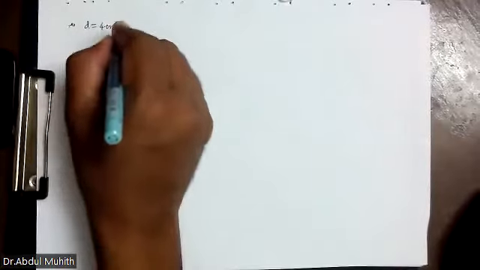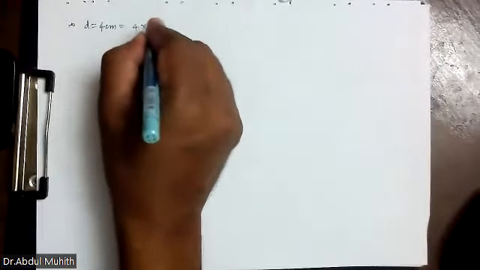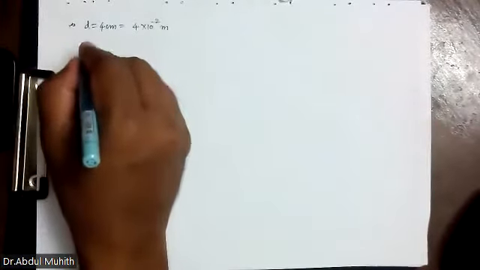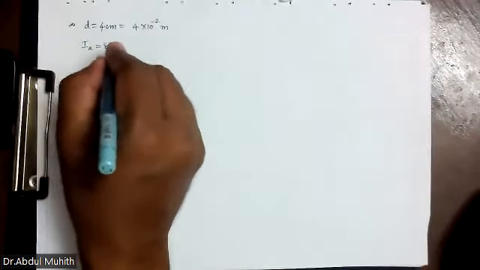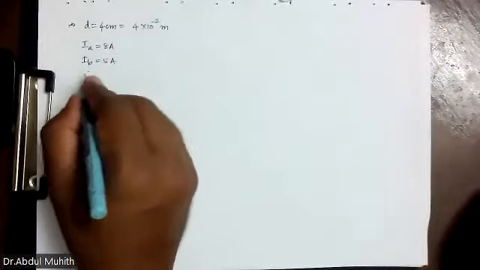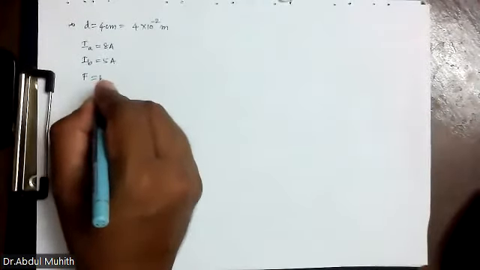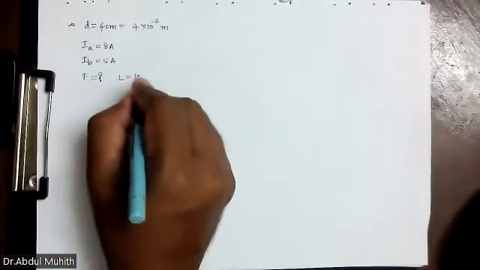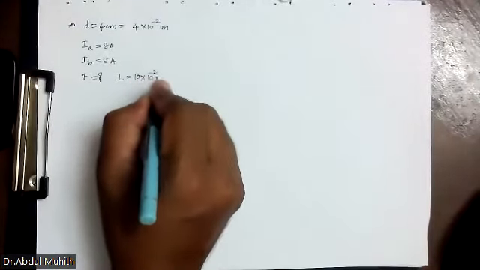Here d is 4 centimeter, which is 4 into 10 to the power of minus 2 meters. The current in the first wire IA is 8 amperes, IB is 5 amperes, and we have to find the force. The length is 10 centimeter, 10 into 10 to the power of minus 2 meters.